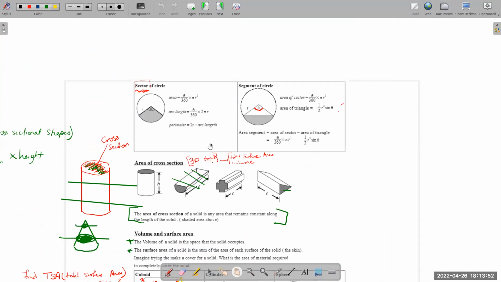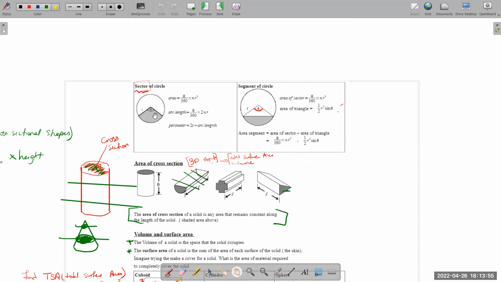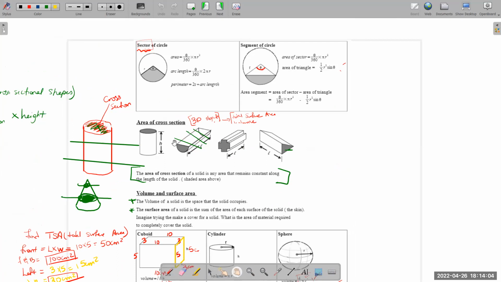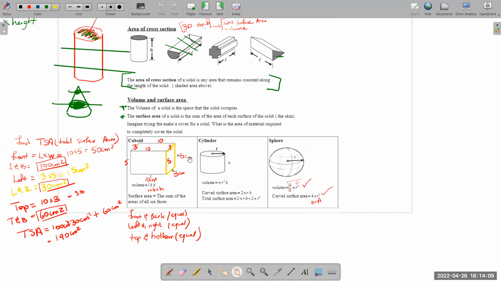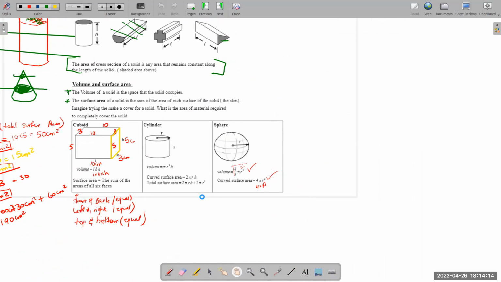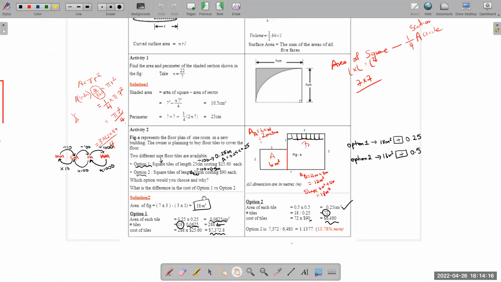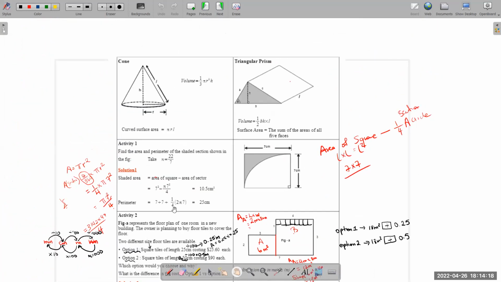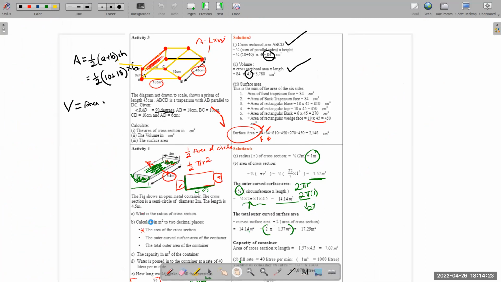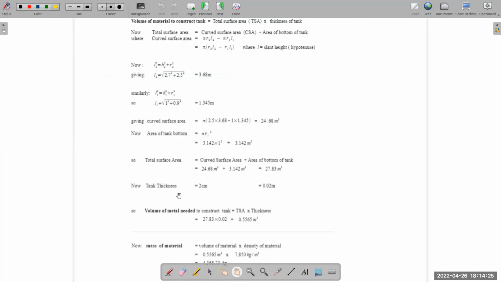Then we looked at the area of a sector and the area of a segment. We looked at the volume of specific 3D shapes, which we call prisms, and we did the surface area of some 3D shapes as well. And then we did some practice questions, right? So what we're gonna do is begin looking at questions that make use of this content, okay?